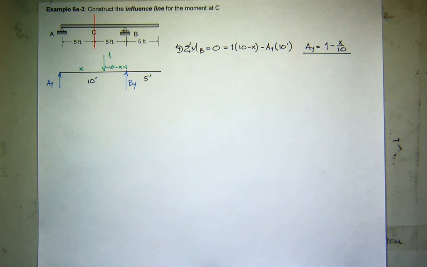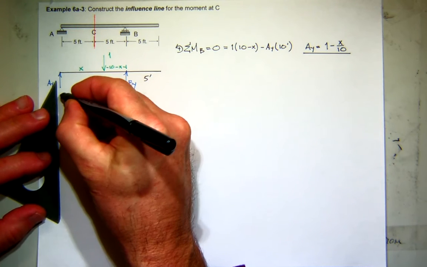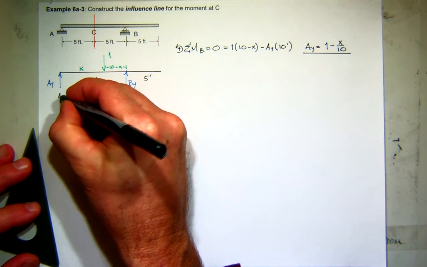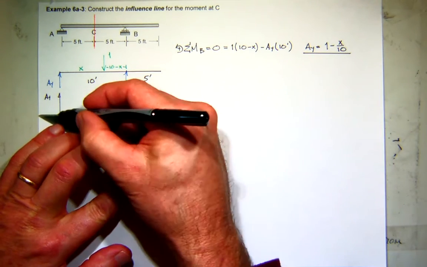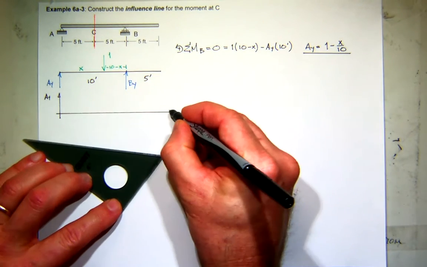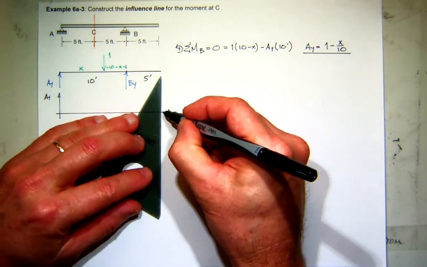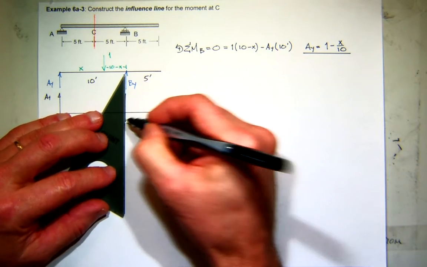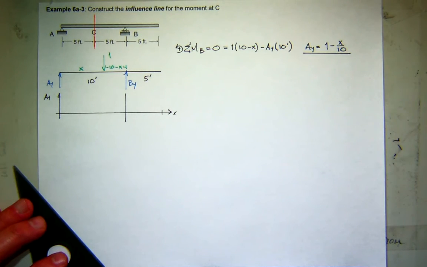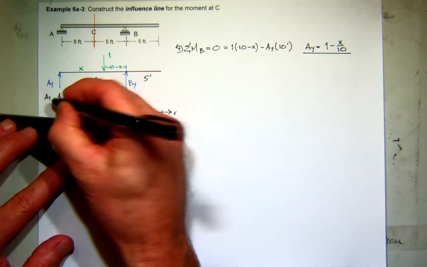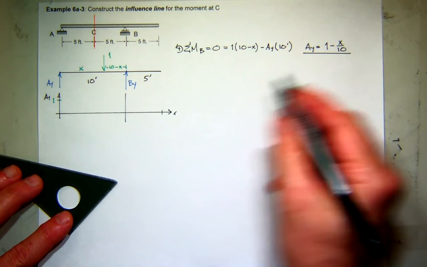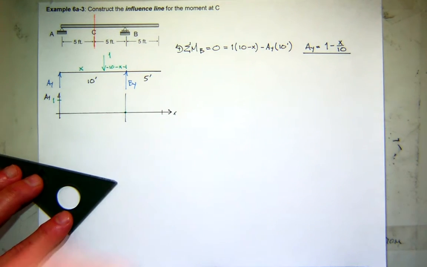Okay, so what's next? What do I do next? I guess I'll go ahead and plot that just so you can see it. So here's AY as a function of the unit load moving, and that will be at this distance, this distance. So what will we get? When you put in X equals 0, you get 1. When you put in X equals 10, you get 0.